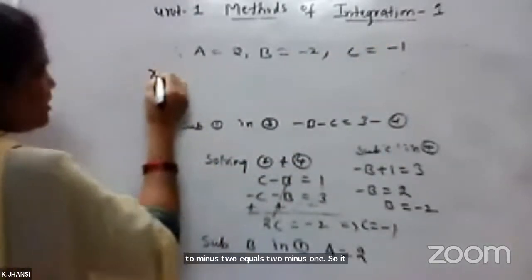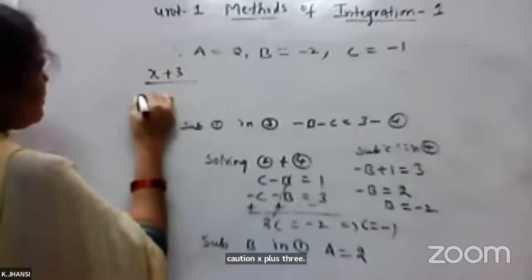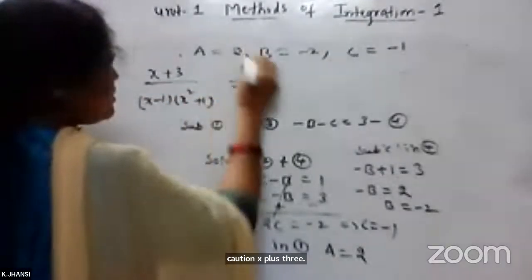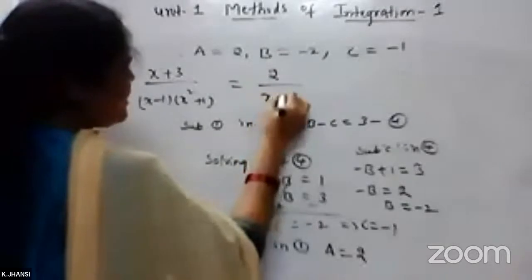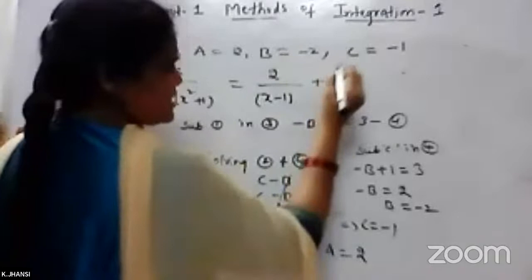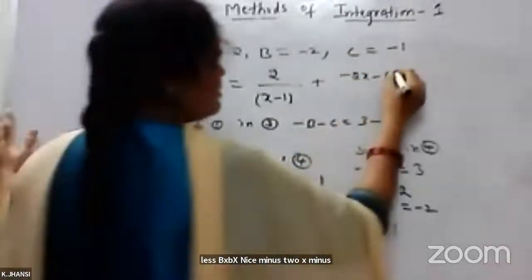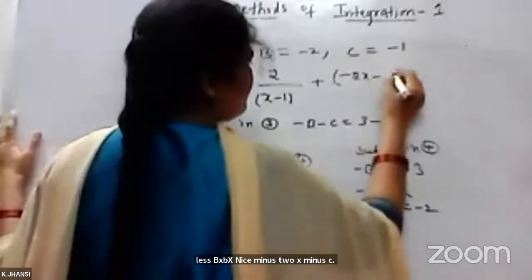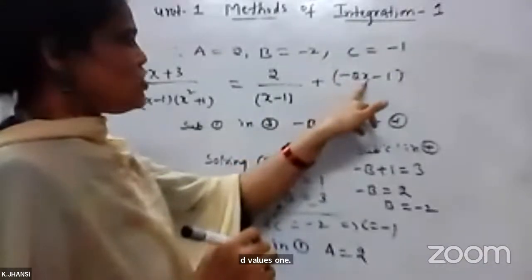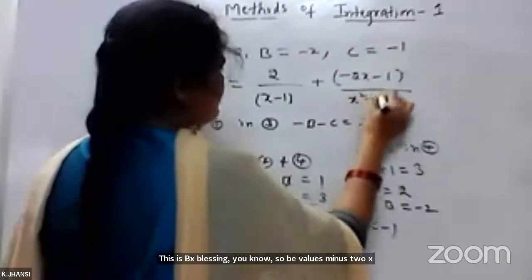So X in the question, (X plus 3) by (X minus 1)(X square plus 1). So what is our A value? A value is 2. 2 by X minus 1. So plus BX. BX means minus 2X minus C. C value is 1. Sorry, okay. This is BX plus C, no. So B value is -2X minus 1 divided by X square plus 1.